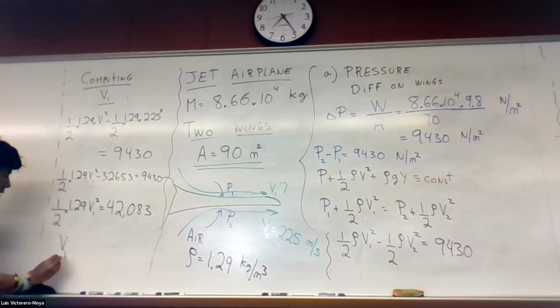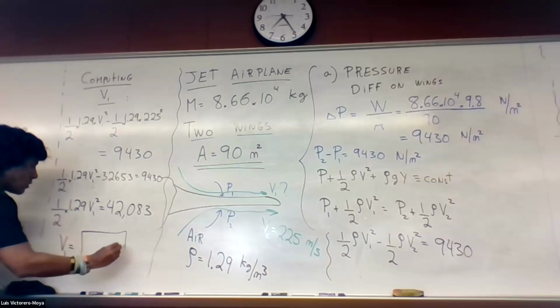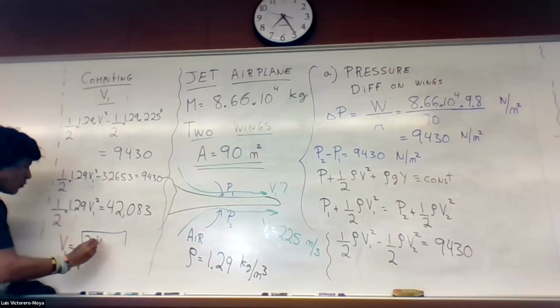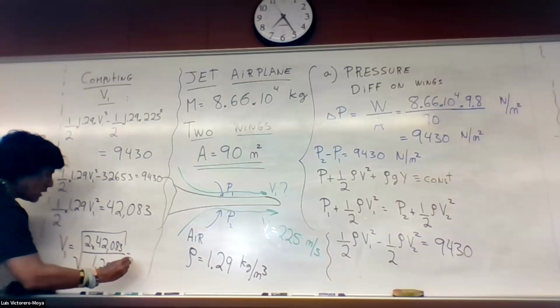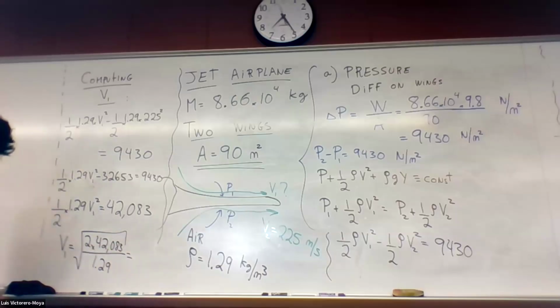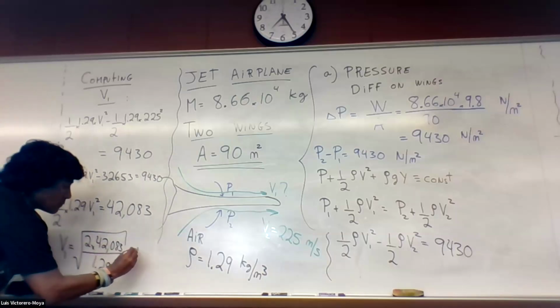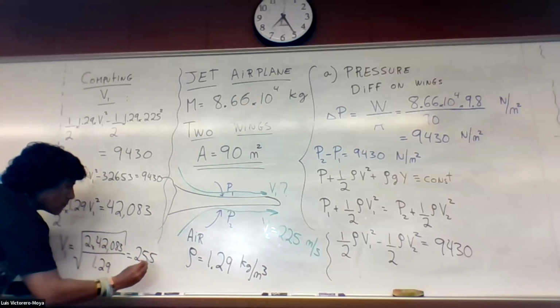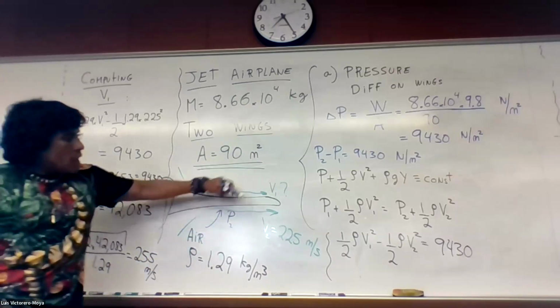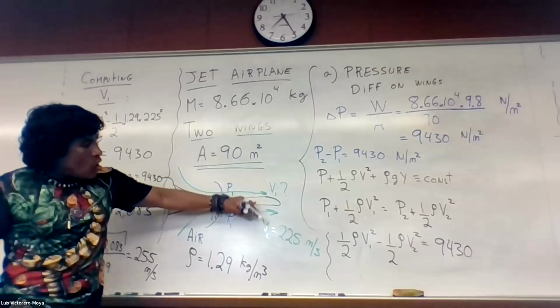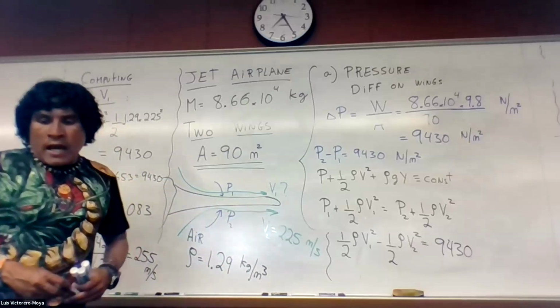So V1 is the square root of 2 times 42,083 divided by 1.29. If you do that, it gives you about 255 meters per second. So there is a 30 meter per second difference between the flow of air on the top and the bottom. That's what levels up the flight.